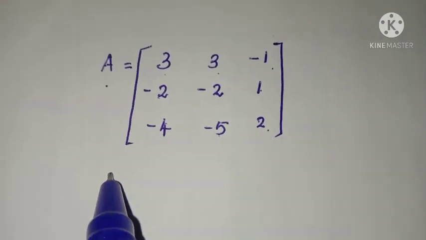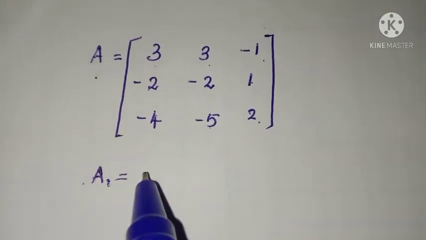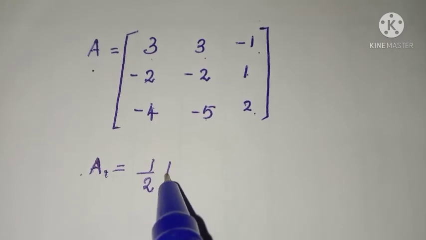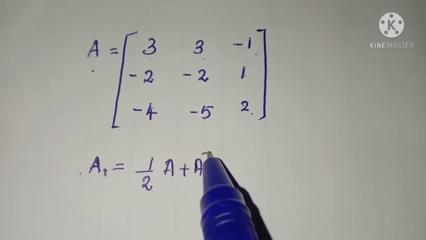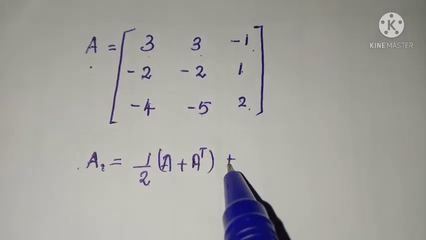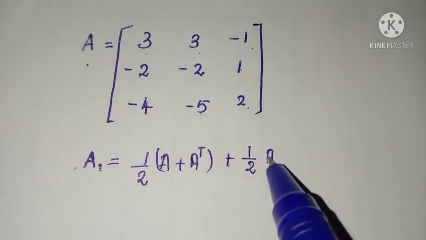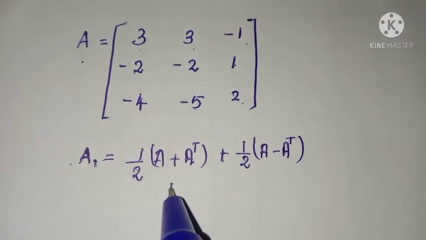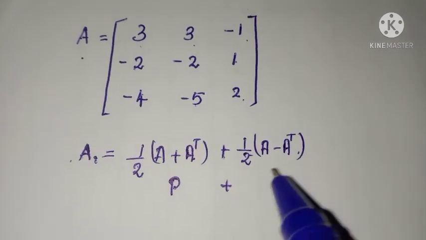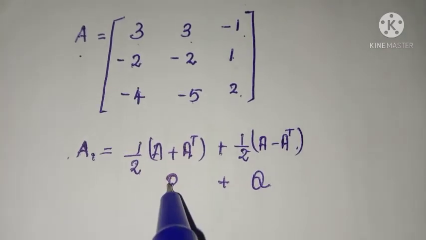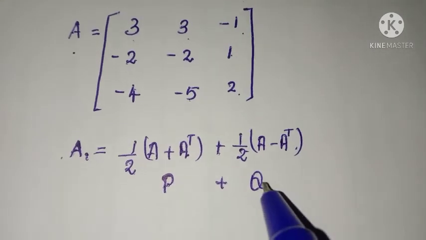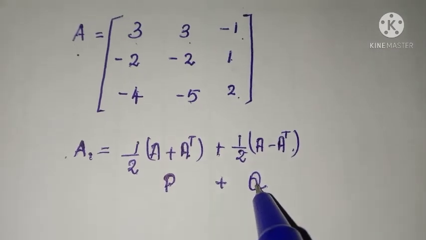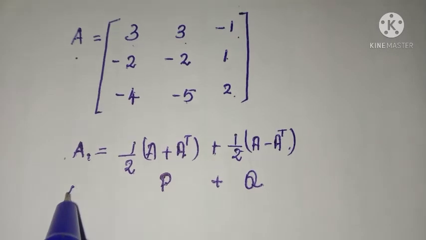That is, we have to express the given matrix as half into A plus A transpose plus half into A minus A transpose. Let us take this matrix as P, this matrix as Q, where P is a symmetric matrix and Q is a skew symmetric matrix.